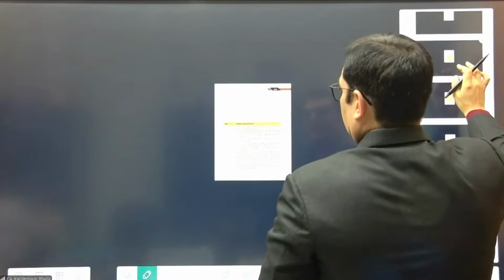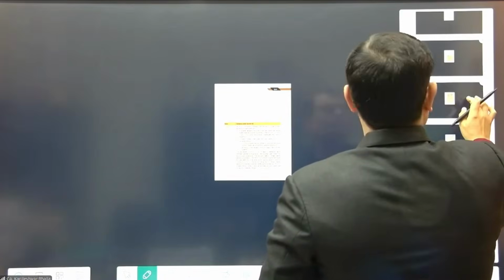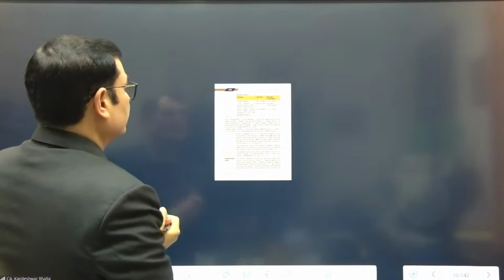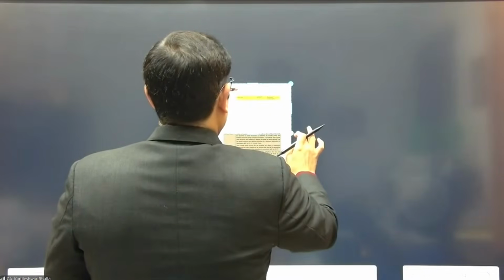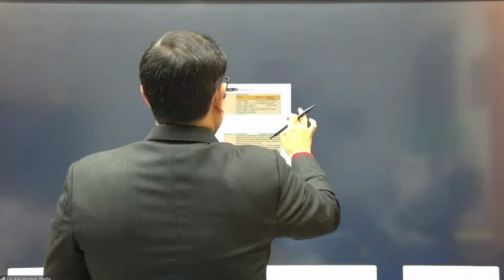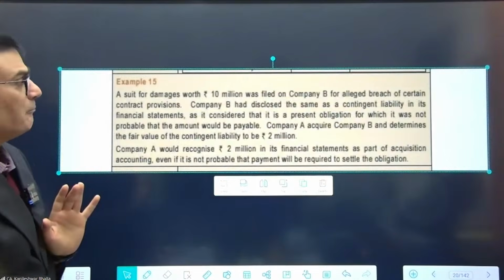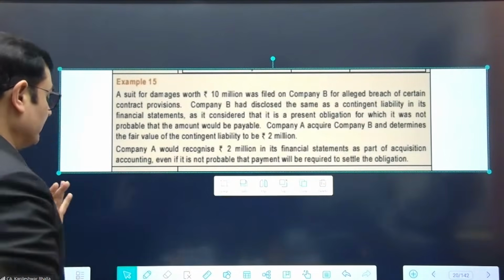Okay, so let's have a look at the inputs in terms of contingent liability. There is a wonderful example which is given here. Let me share the inputs with you. I'm first taking you to a small example on Ind AS 37. This is example number 15 in the study material.